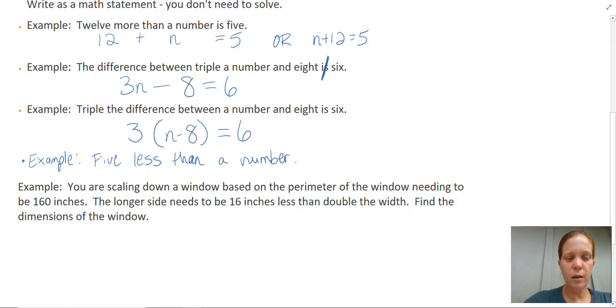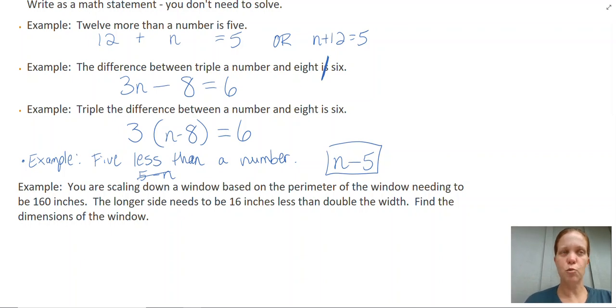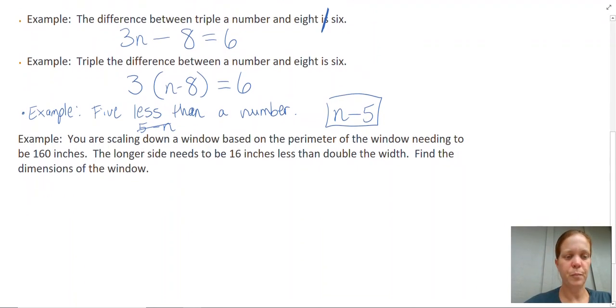So we might think in order that this would be 5 minus n. But actually, if it's 5 less, that's what's getting subtracted. So it's actually n minus 5. So I'm going to cross that 5 minus n out. Whenever it's less than, watch out for that. It's kind of like flipped around. Sometimes with subtraction, different words with subtraction, we have to switch the order when we think about it. Oh, and it's going to come up in our next problem.